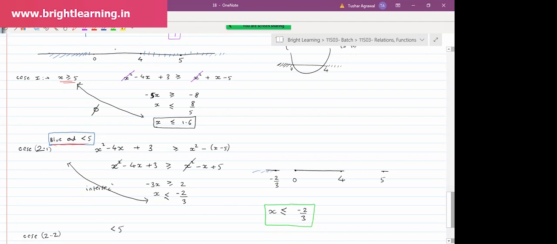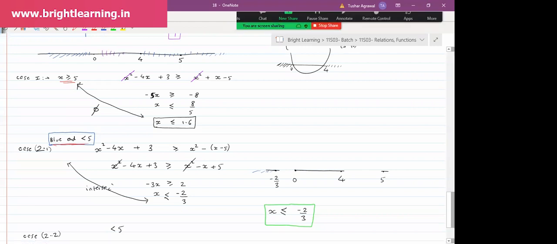But now in this interval, what should I write? The purple interval. Purple and less than 5. So for that I can directly write x belongs to x between 0 and 4. That I can directly write here now because less than 5 and the purple interval, so between 0 and 4.